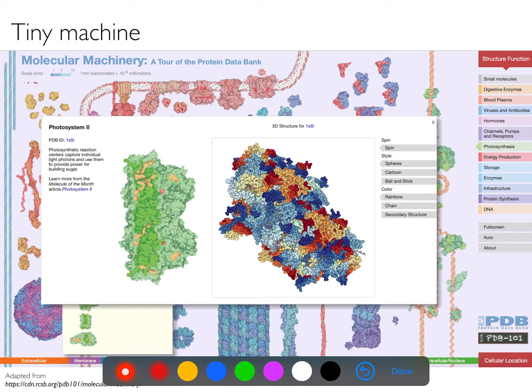So this is basically an ingredient for all the living creatures on this planet.